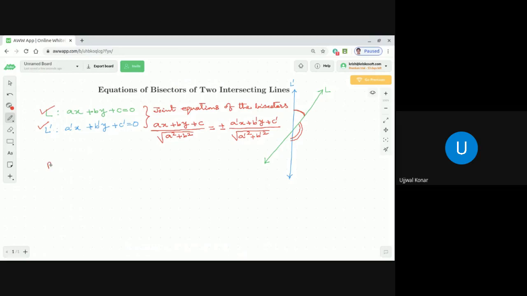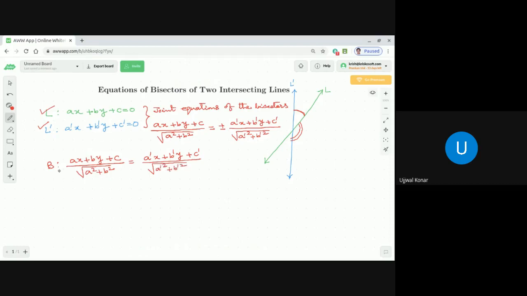Suppose we name B as ax plus by plus c divided by square root of a square plus b square equal to a dash x plus b dash y plus c dash divided by square root of a dash square plus b dash square.